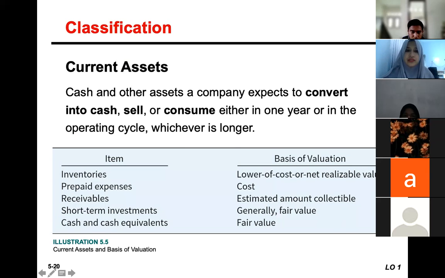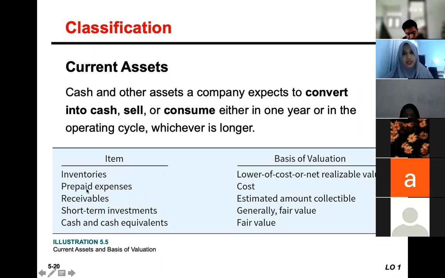Okay, now we move to current assets. I think you understand this well. Current assets are the assets that can be easily converted into cash, or consumed within 1 year, or operating cycle, whichever is longer. For example, inventories, prepaid expenses, receivables, short-term investment, cash, and cash equivalents.